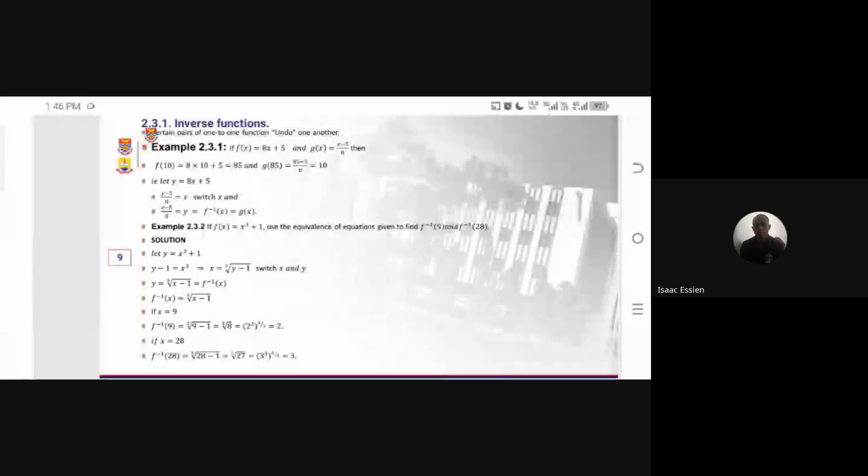So you realize that when you have the function, you find the answer, and you put the answer in the inverse, you produce the initial value. Let's try f of 14. Find f of 14.